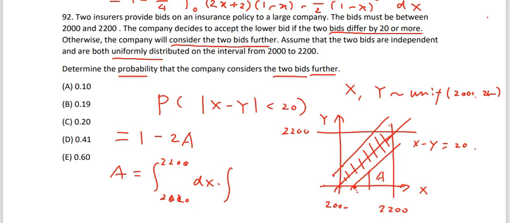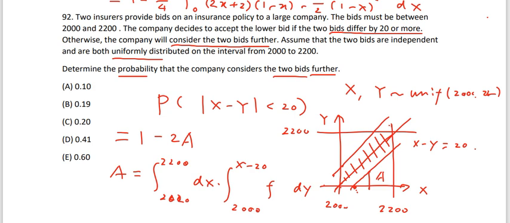So y goes from the smallest one, which is 2,000, to the largest, y equal x minus 20, dy.